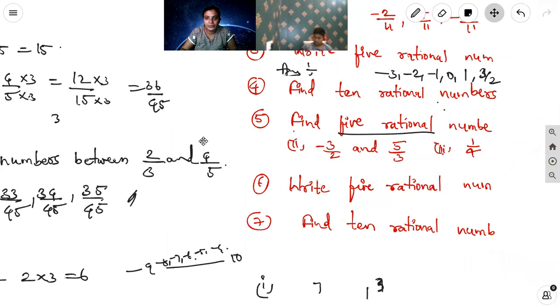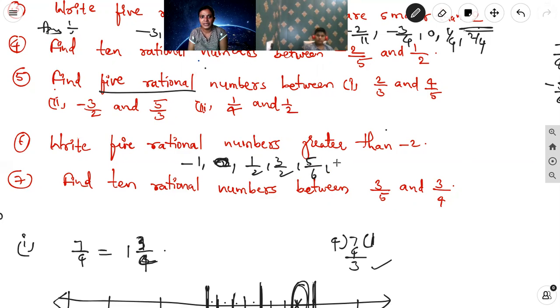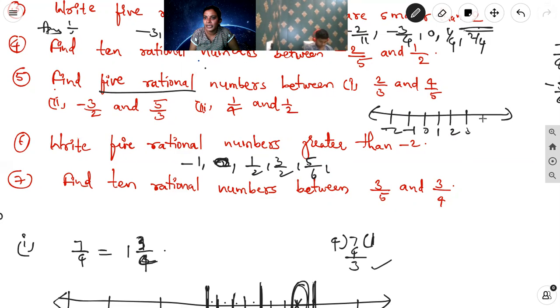Next, sixth problem. Write 5 rational numbers greater than minus 2. 5 rational numbers greater than minus 2 means on the number line, minus 2 after, what are the numbers there, you choose any: minus 1, 0, 1 by 2, 3 by 2, 5 by 6, 7 by whatever the numbers. On the number line after minus 2 come minus 1, 0, 1, 2, 3, 4, 5, the right side positive numbers.